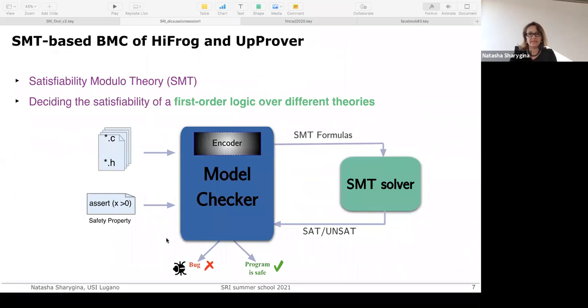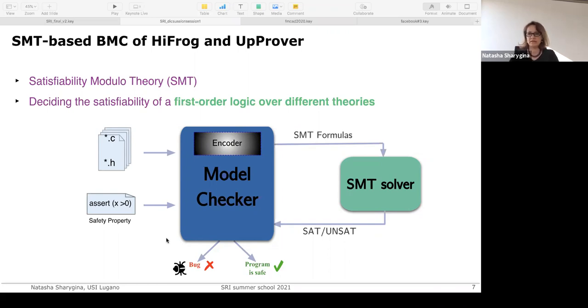So yeah, altogether, as I said, SMT is really tightly coupled. Here's a picture which at a very high level explains what we're doing. The tool takes as input a program written, for example, in C, together with the libraries which are required for the program verification. Then we have a number of properties to check.